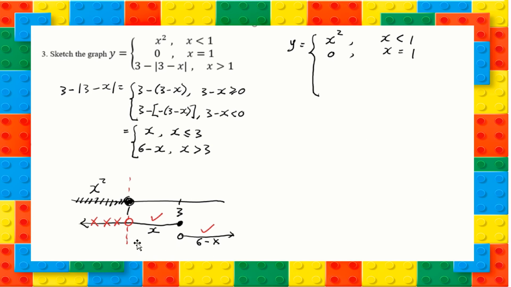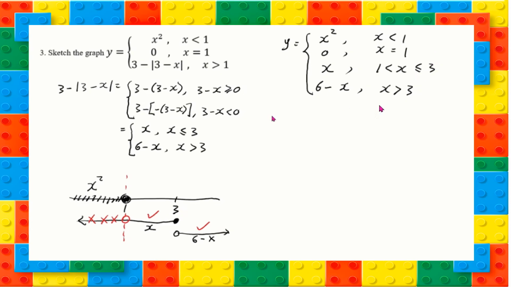The first one is from 1 up to 3, not included 1 and included 3. Then the second one is greater than 3, not included 3. So for 1 up to 3, this is for x, and greater than 3, that is for 6 minus x. So now this is the piecewise function after we change the modulus into non-modulus.